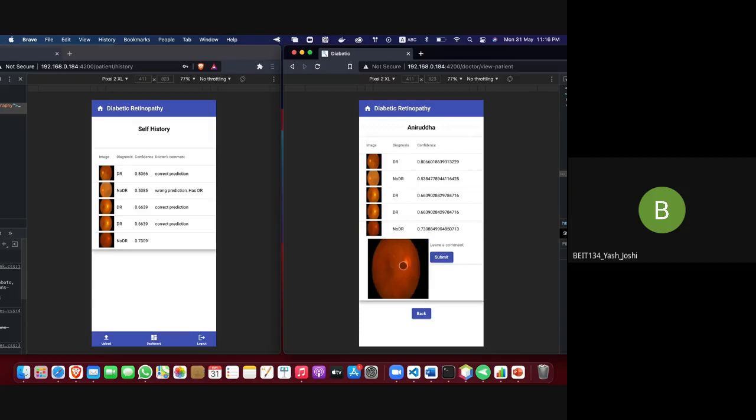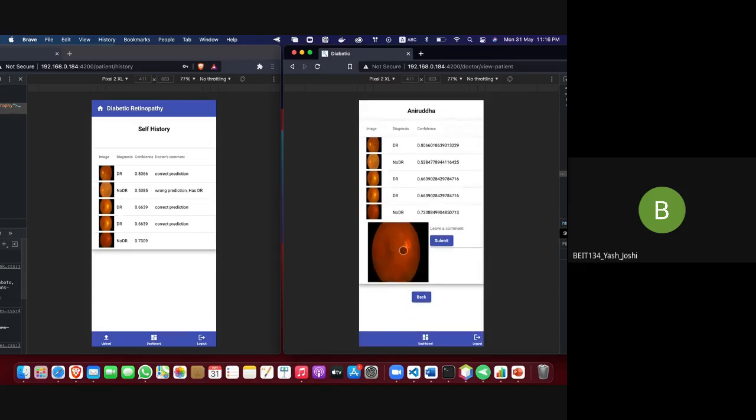The doctor can zoom into the image and provide his own diagnosis. For example, now we know that this is a wrong prediction, so we can correct it, say the patient has DR, and submit it. It says that it is submitted.